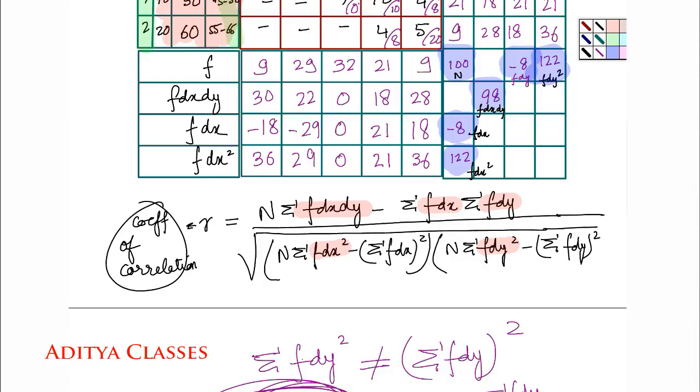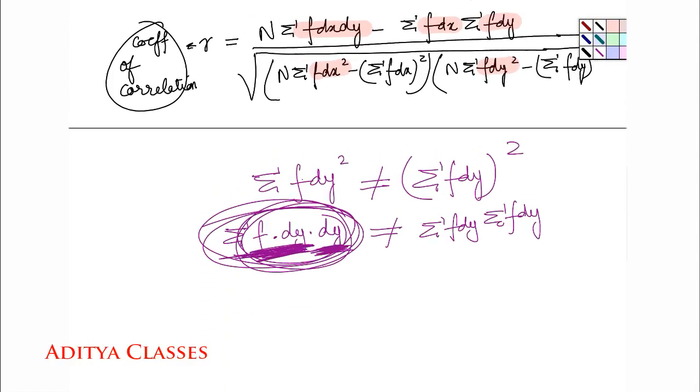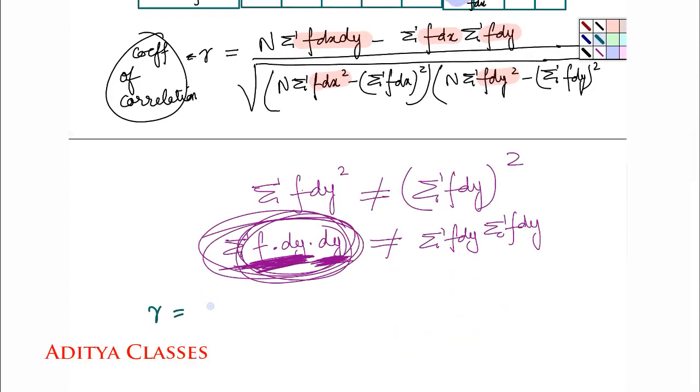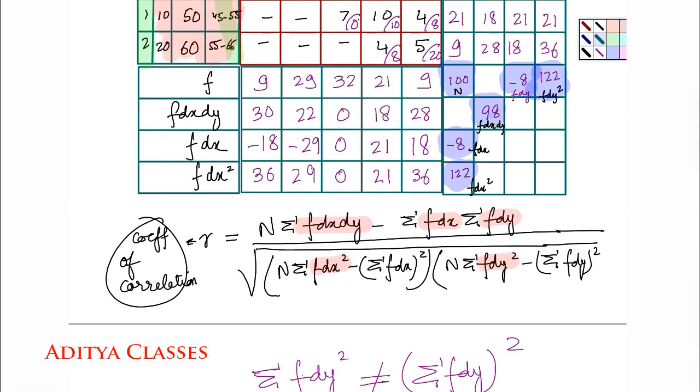Let me go ahead and substitute these values and solve them. What do we have? We have n. N is 100, multiplied by sigma of f dx dy, summation of f dx dy.